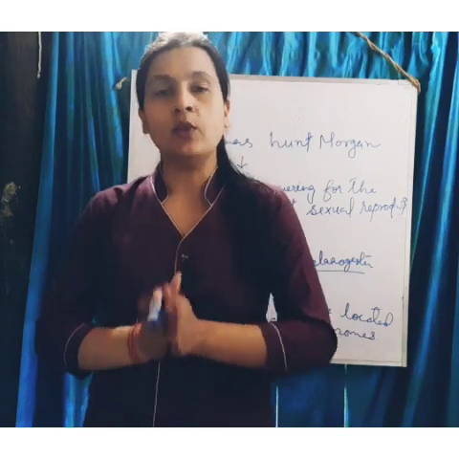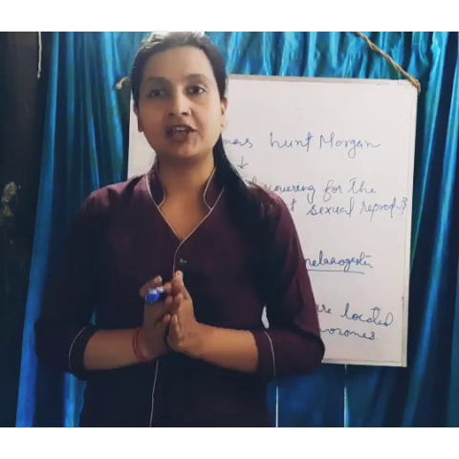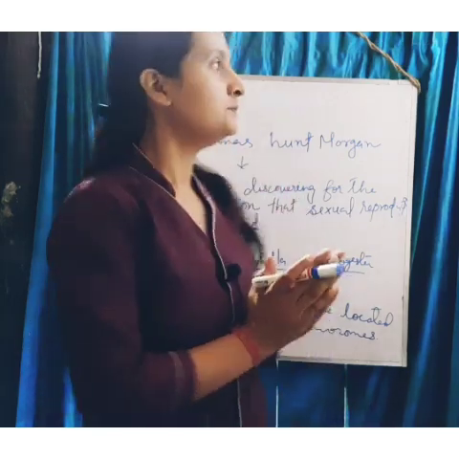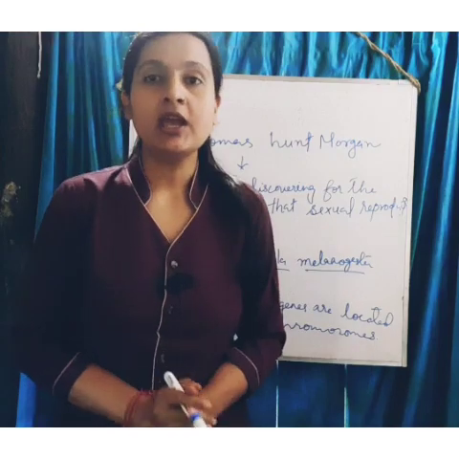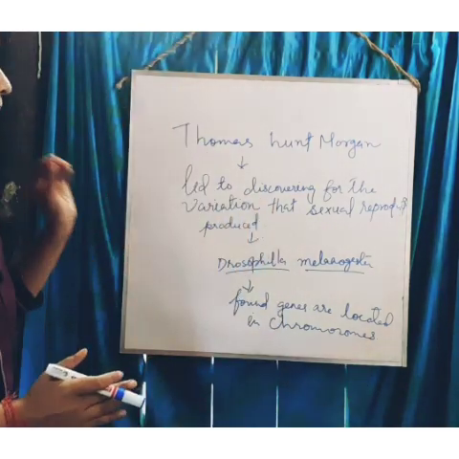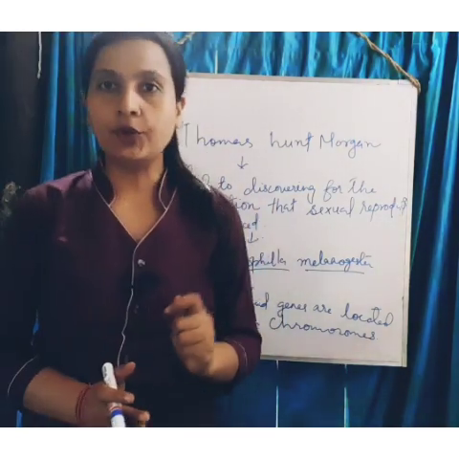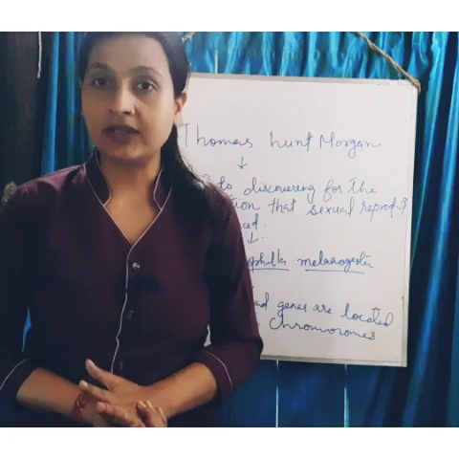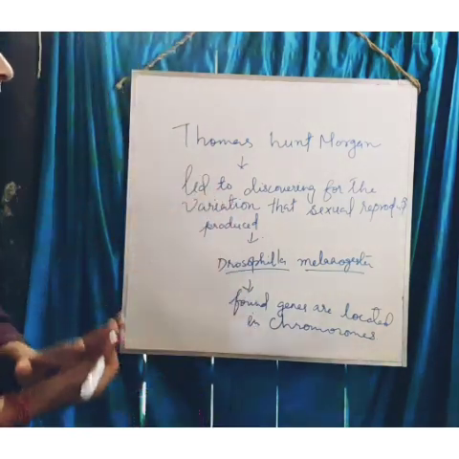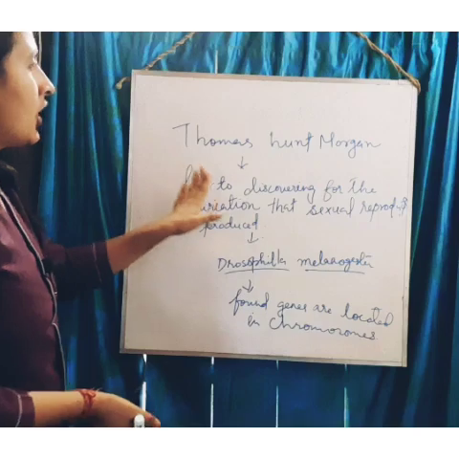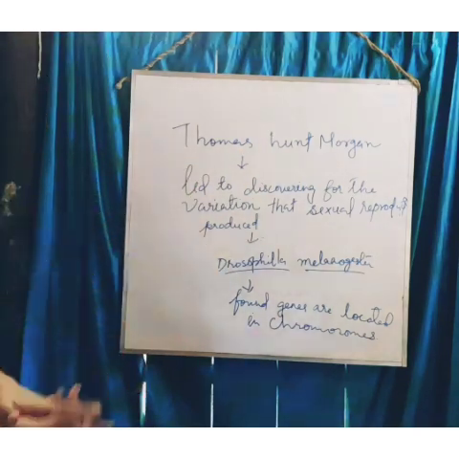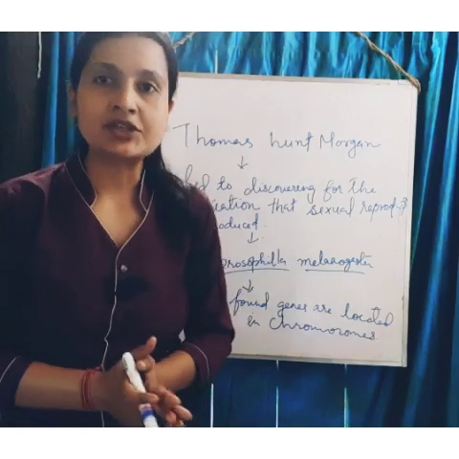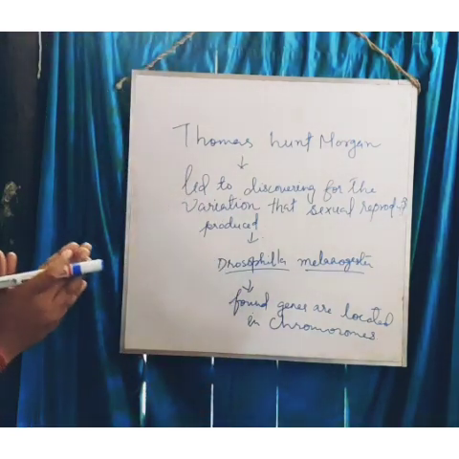One of the experimental verifications was given by Thomas Hunt Morgan and his colleagues. Based on the chromosomal theory of inheritance, they put forward experimental verification. That led to the discovery of the variation that sexual reproduction produces.